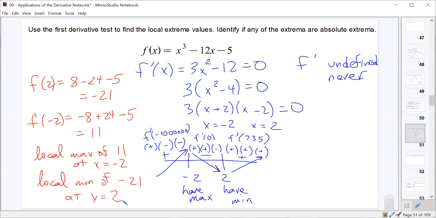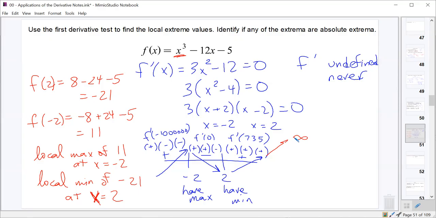And then the question also asks us to identify if any of these are absolute extrema. And so we have to then think about the end behavior of our function. And this is the cubic. And so nothing weird is really happening with the cubic. We know that as it goes towards infinity, when a is a positive 1, this is going up towards infinity.